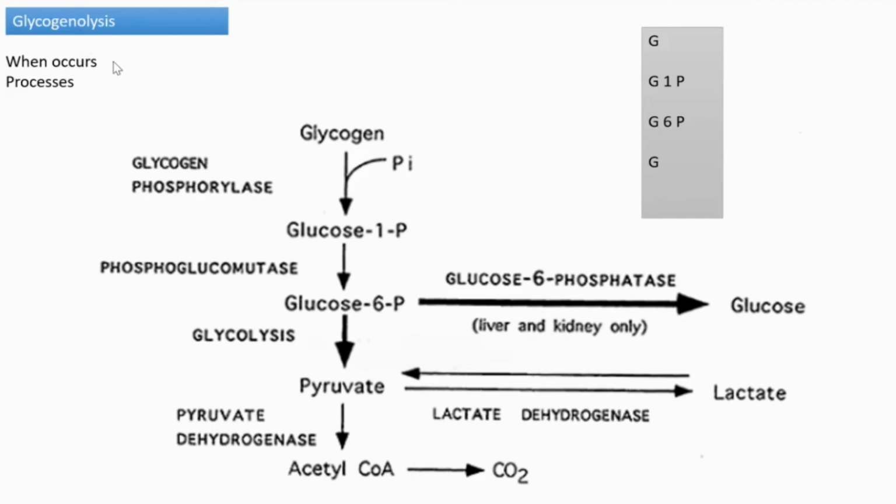If our body is facing a depletion in the level of glucose, when the body needs more glucose, what will the body do? The body breaks down the stored glycogen and releases glucose. In that situation, this cycle occurs. A low level of glucose triggers glycogenolysis.